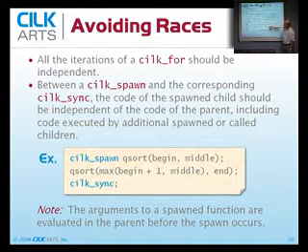So that's how you make sure that those are independent. And I should mention that the arguments to a spawn function are evaluated in the parent before the spawn occurs. So, for example, begin and middle are evaluated before you do the spawn. And if we had spawned the second thing, the begin plus 1 would be calculated in the parent before the spawn is actually done.